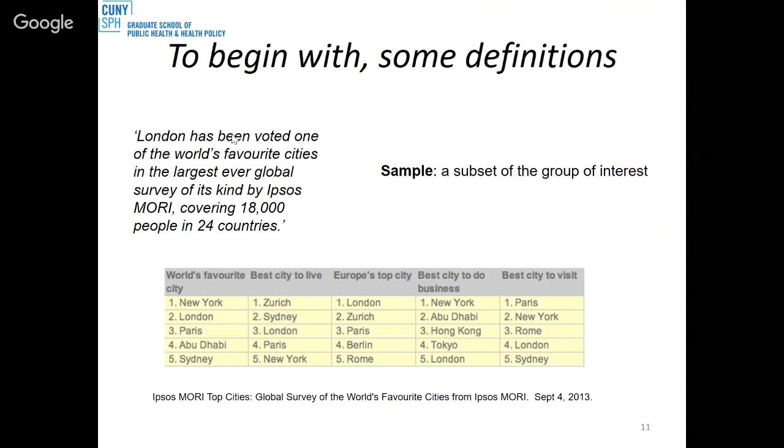It's just been voted one of the favorite amongst the surveys that's the largest of the world. What about the smaller surveys? Does that make sense? So certainly a smaller survey could come up with a different result than this. Like the subset would be the global surveys, not all. This is just one survey.